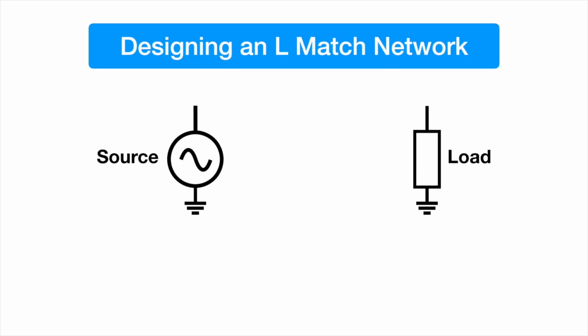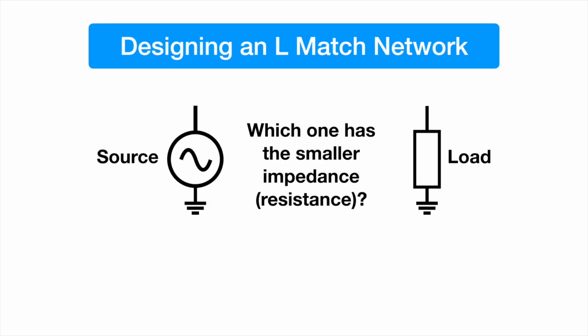So here we go. We start, of course, with a source and a load. And the first question we need to ask ourselves is, which one has the smaller impedance? And as I said, what we're talking about at the moment is which one has the smallest resistance.